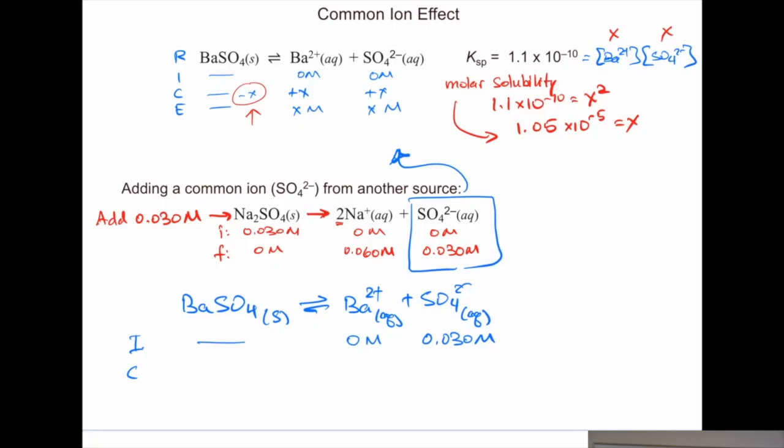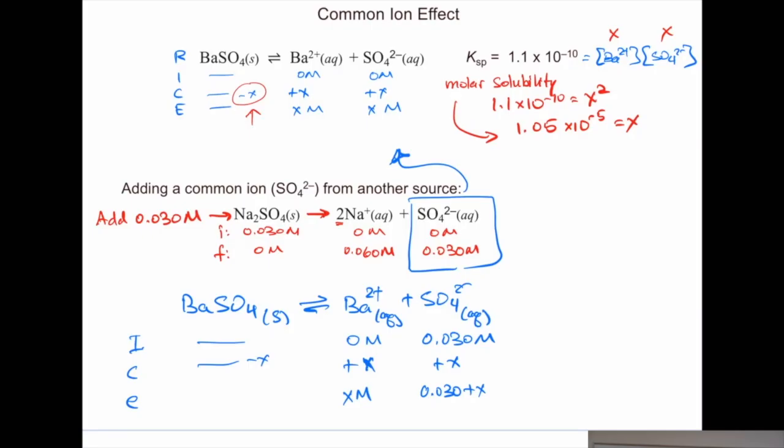But here we know it's going to go to the right, so we lose some x from this, and we gain x here, and x here, because it is 1 to 1. So at equilibrium, we've got x molar for barium ion concentration, and 0.030 plus x for the sulfate ion concentration.